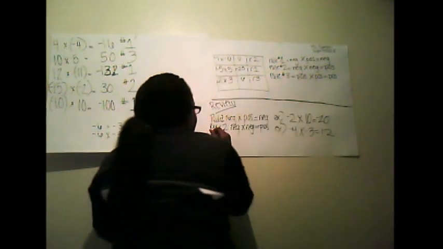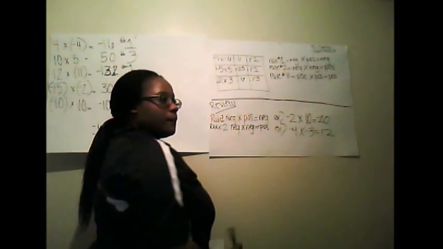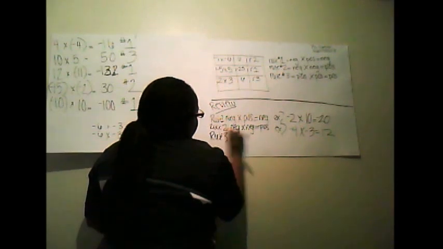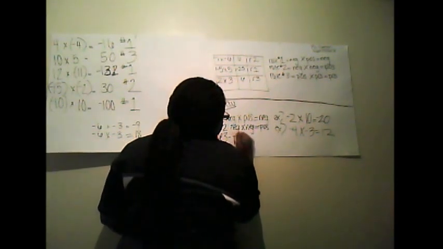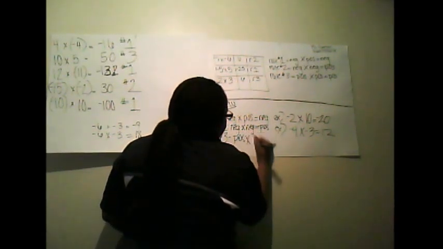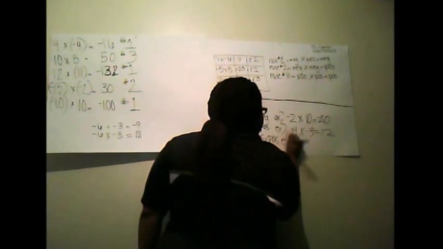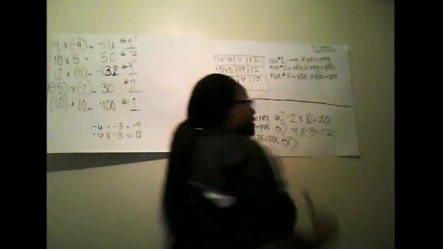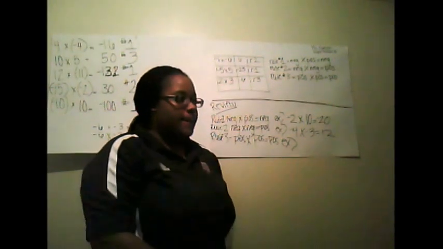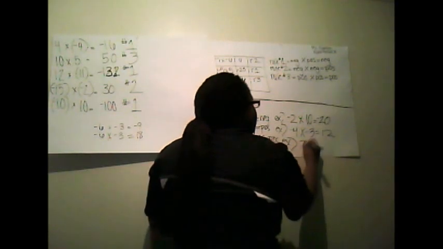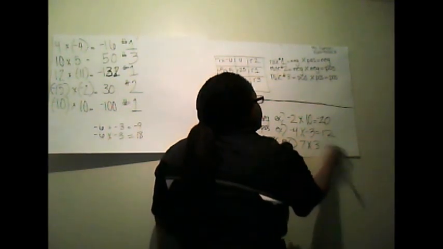And what was the last rule we discussed? The last rule, number 3, is a positive number times a positive number equals a positive number. What would be an example of this? 7 times 3 equals 21.